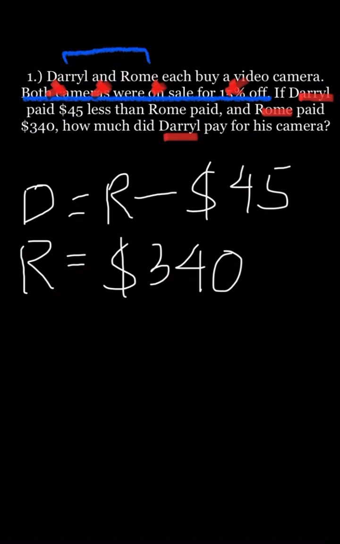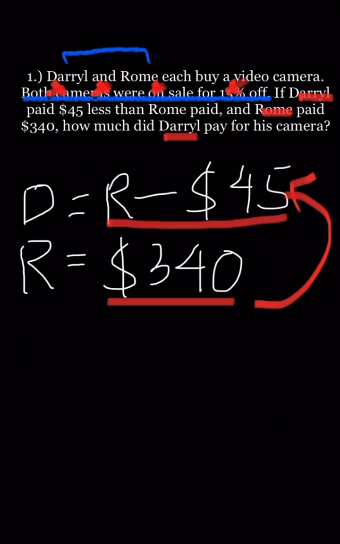Now let's go to Daryl. We can see that Daryl paid. We can evaluate this information, and then we can solve how much Daryl paid for his camera. So we just have to evaluate. Let's copy this one. We have R, Room. This is Daryl.